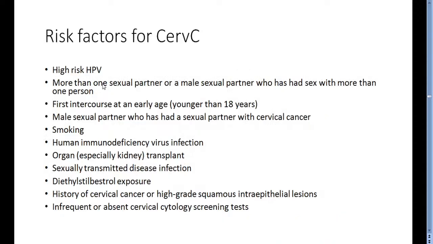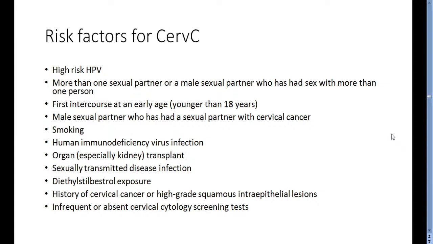Risk factors for cervical cancer: high-risk HPV, more than one sexual partner, or a male sexual partner who had sex with more than one person, first intercourse at an early age, usually younger than 18 years, a male sexual partner who has had a partner with cervical cancer, who obviously may have had HPV infection before, smoking, heavy smoking, HIV infection, patients who had an organ transplant, especially kidney transplant, patients who suffered from many sexually transmitted diseases like chlamydia and gonorrhea, and patients who previously took diethylstilbestrol, DES.